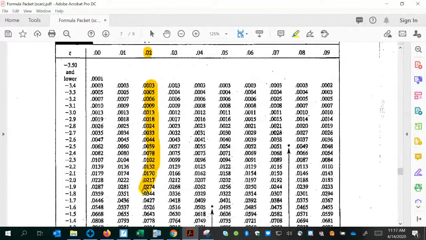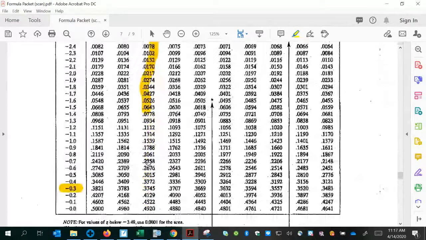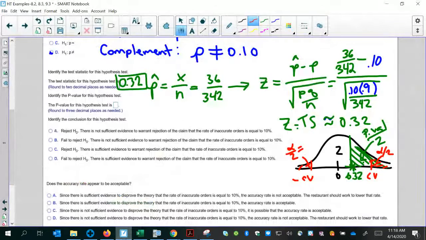So it'll be in this column, and that means I'm right at 0.375. So that little area has the value of 0.375. Kind of ran out of room here. So let's see if I can squeeze it in.